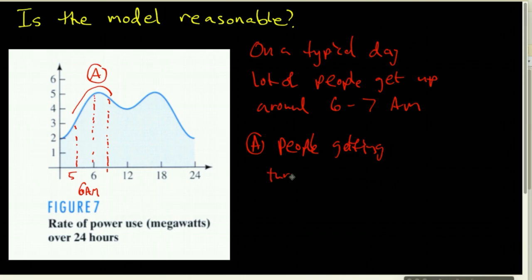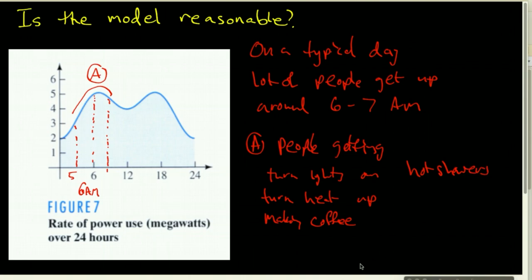They are turning lights on. They may be turning their heat up, and in the wintertime, that's going to increase the use of electricity. They're possibly making coffee. They may be taking hot showers, which, if they have electric water heaters, is all going to go into the usage. So with all of this, usage should go up.